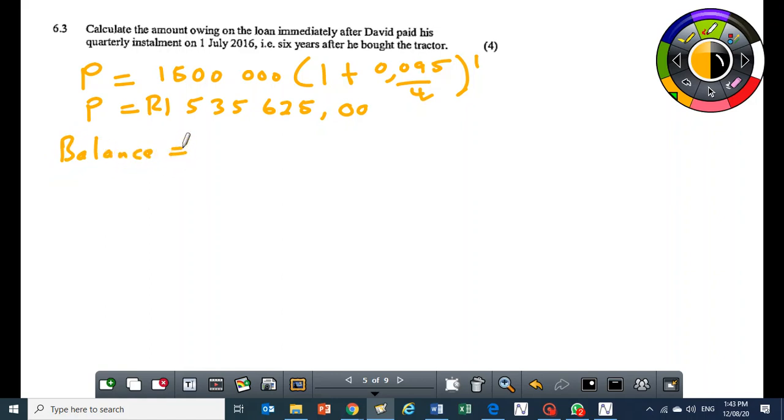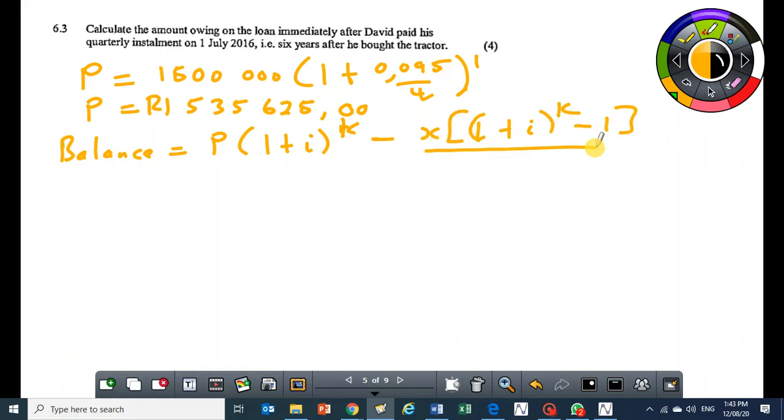So the mistake which I made earlier was putting 1.5 million instead of calculating this value. So in this formula, maybe I can just call that one K. That would be minus X times 1 plus I raised to the power of K minus 1 all over I. Okay?